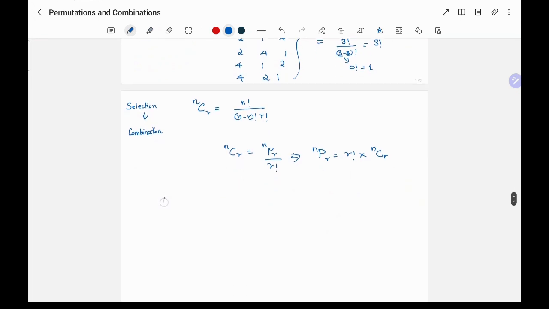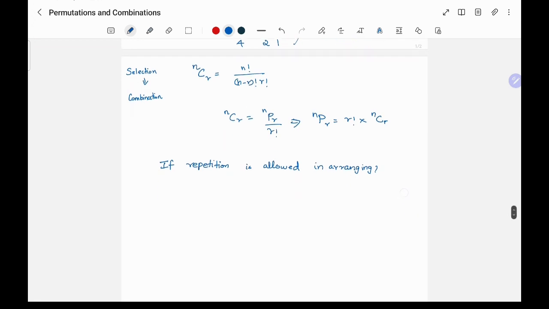So then if repetition is allowed, let's say in arranging, then how will it change? Again, n objects we have, and we need to arrange in r places.